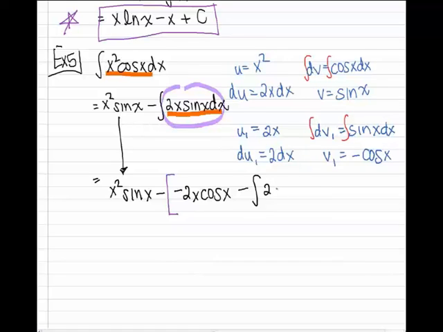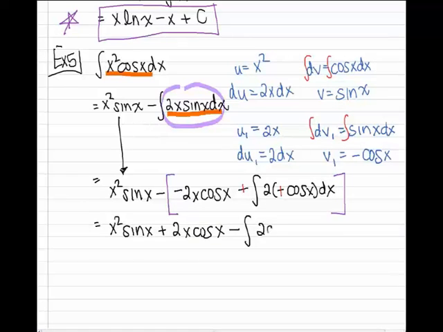So 2 times negative cosine x dx. There's a lot of sign changes going on, so be really careful about them. So these two in here cancel out, and I have a minus on the outside of this. So when I rewrite this, I have x squared sine x plus 2x cosine x minus the integral of 2 cosine x dx.